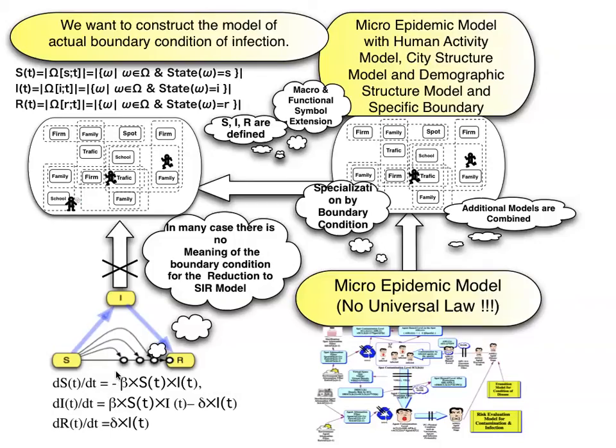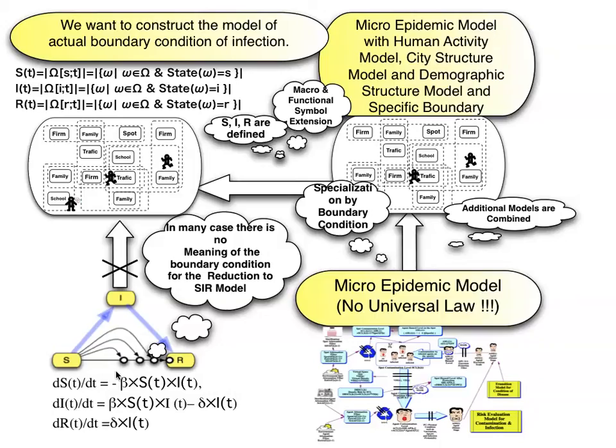In many cases these days, a macro model is described by a differential equation, like those that include system dynamics. But that kind of differential equation macro model assumes a hidden micro boundary condition inside that model.